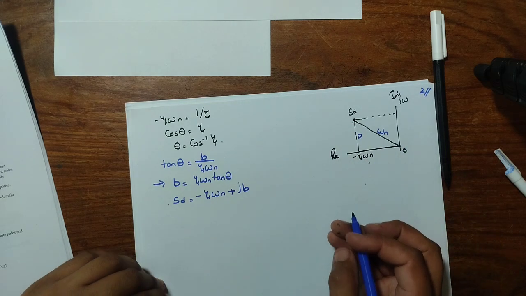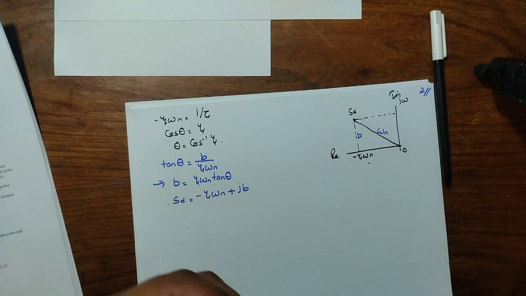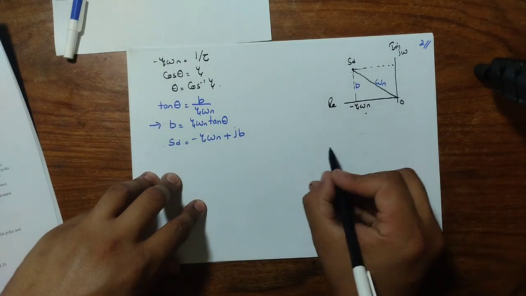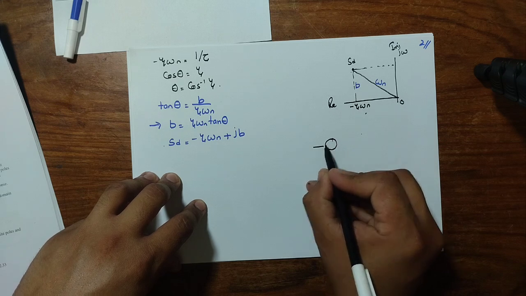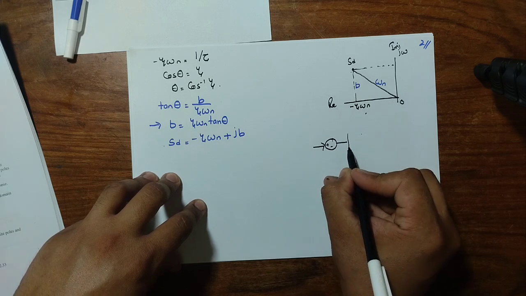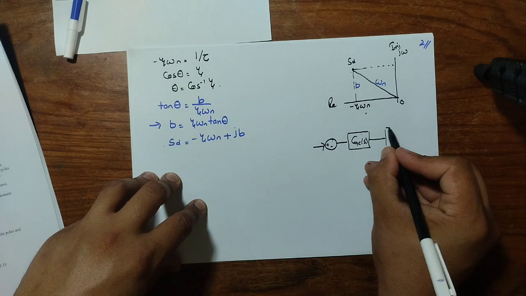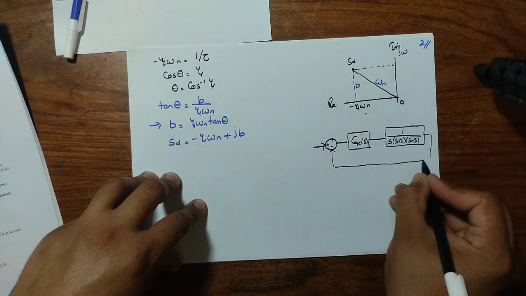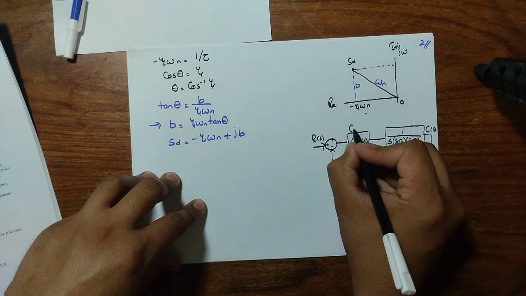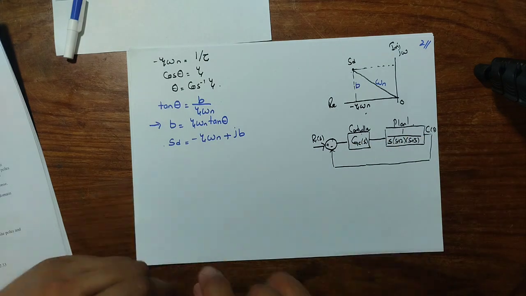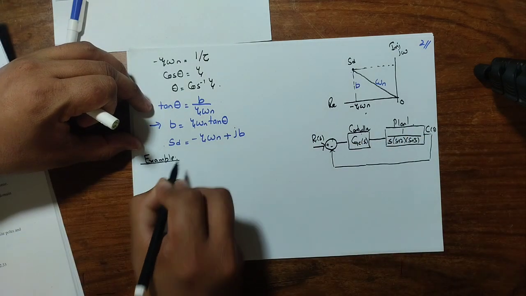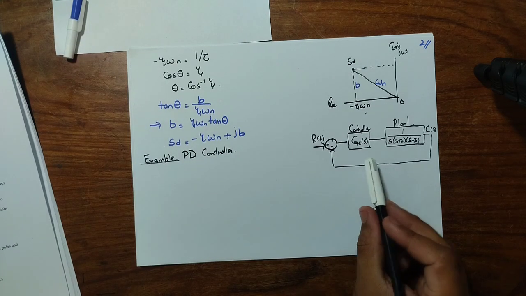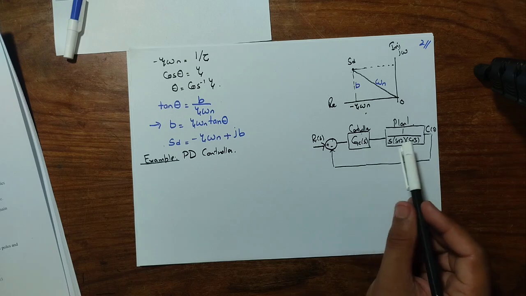So for this example, I will follow my notes. Here you can see a simple example: we have a simple control system.